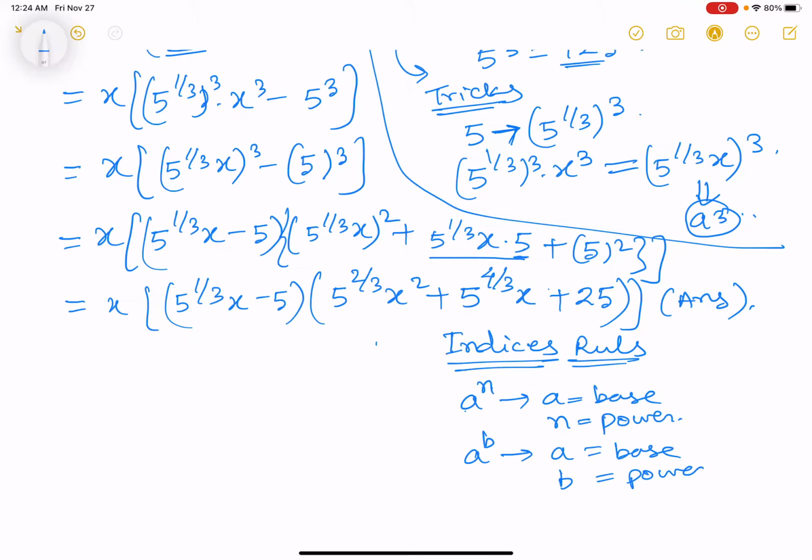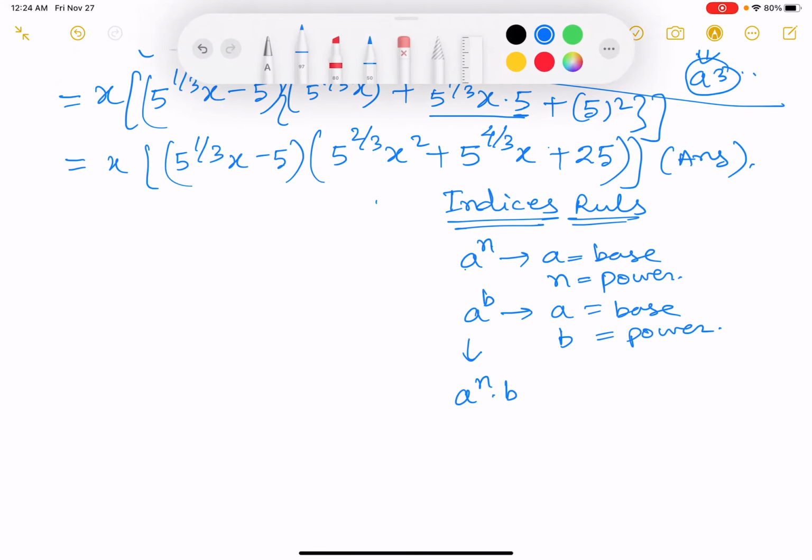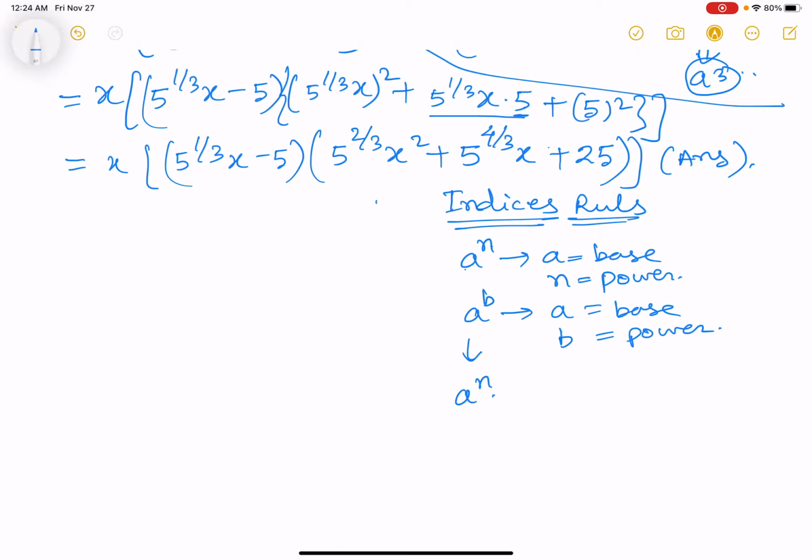So in the rule of indices, if both the bases are the same and multiplied with each other, the term looks like a to the power n into a to the power b. So we can write simply, since both the bases are the same, base a and then their powers are added, n plus b. So this is the rule of indices we apply here.